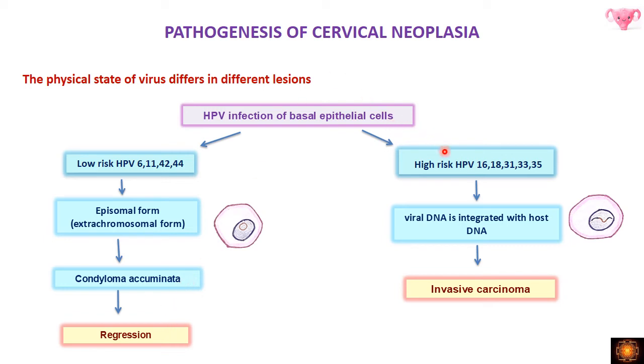Whereas if the infection is by the high risk HPVs like 16, 18, 31, 33 or 35, the viral DNA integrates with the host cell DNA. Once it integrates with the host cell DNA, that leads to malignancy. So in malignant conditions, the viral DNA is integrated with host cell DNA, whereas in benign conditions like condyloma acuminata, it is present in the extra chromosomal episomal circular form, which is not integrated with the host cell DNA.